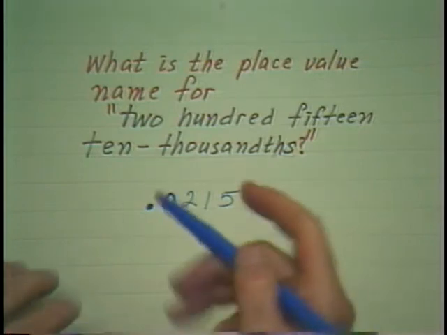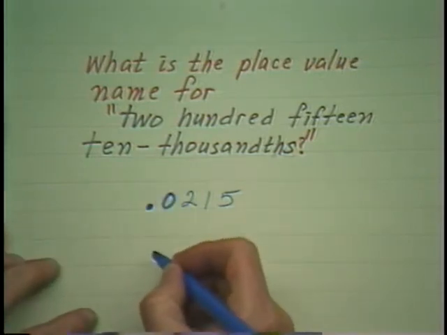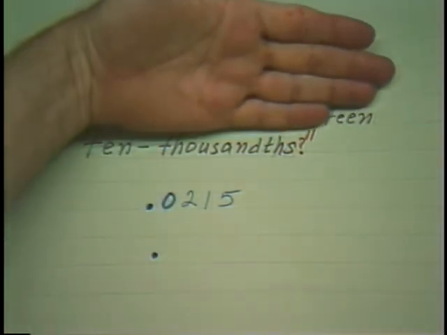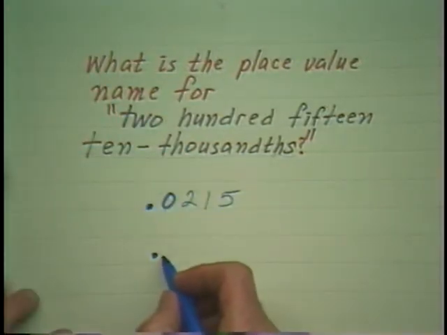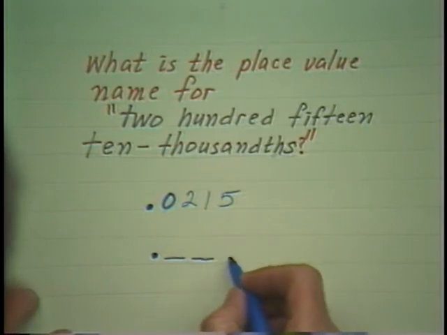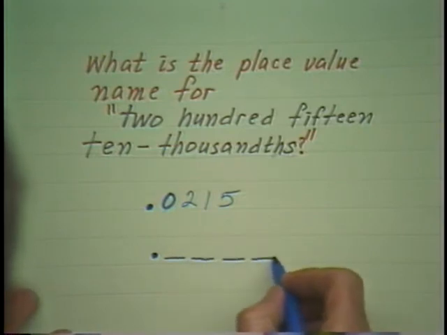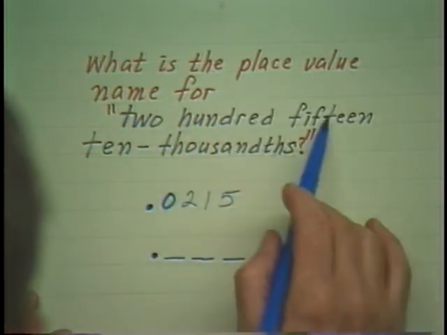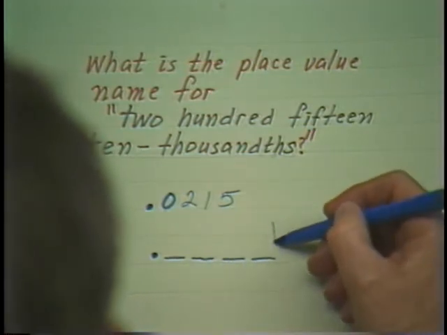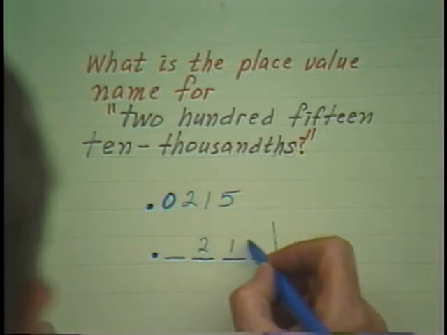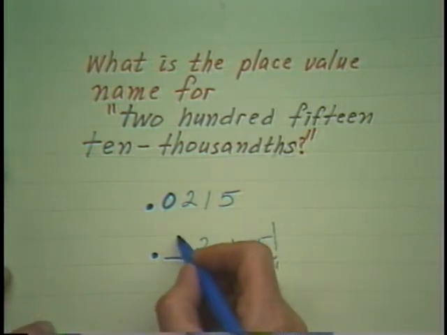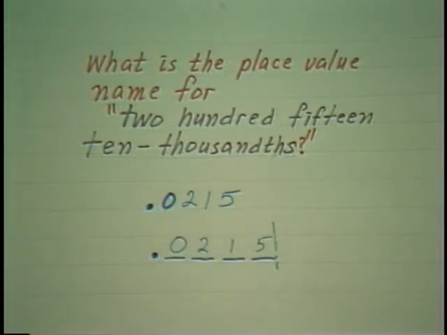Now some teachers would prefer to discuss it this way. Forget this and establish the 10,000th place. So there's 10th, 100th, thousandths, 10,000ths. I want 215 of them, but they must end at the end. So that forces me to put the 215 here and a 0 up here.